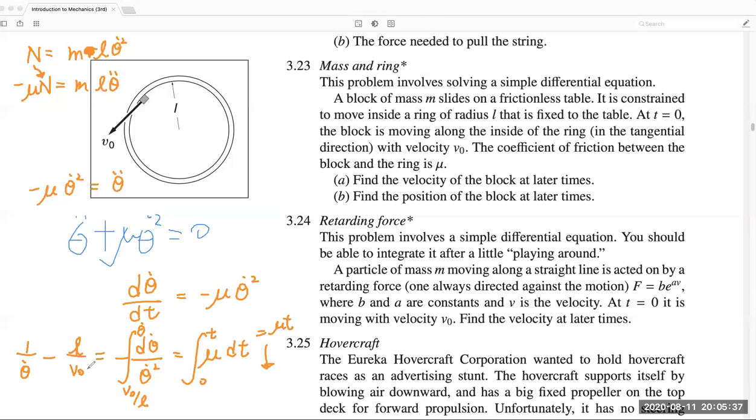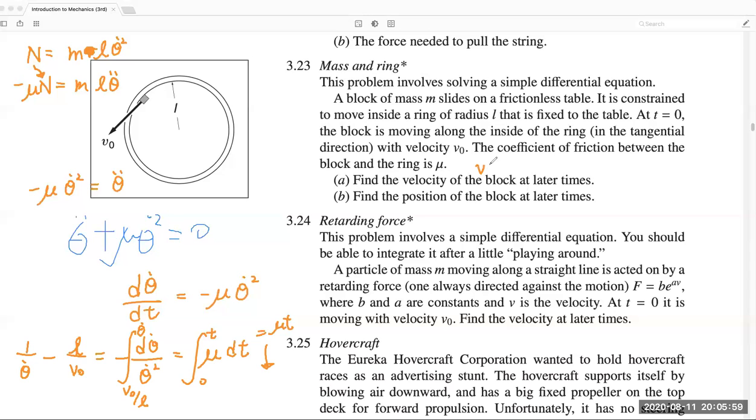Okay, so we have found theta dot in terms of t. So that means we then get the velocity.